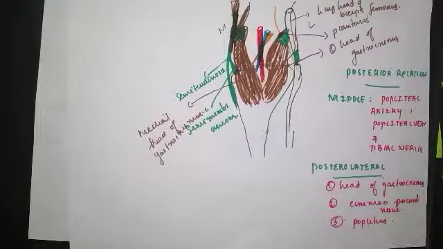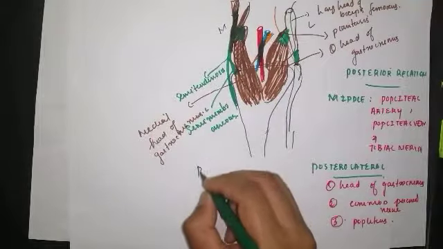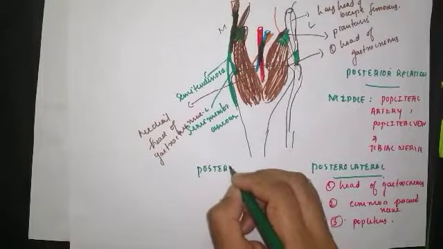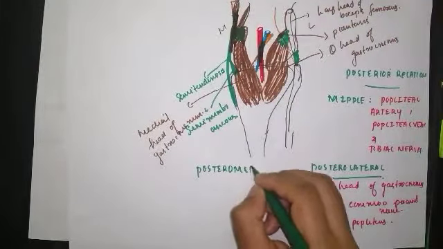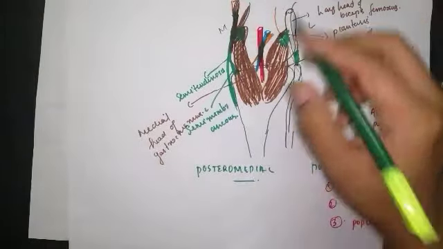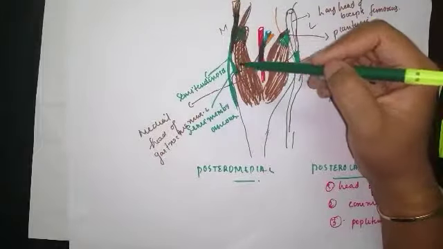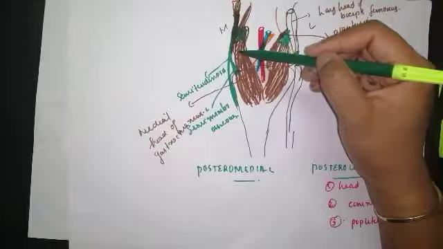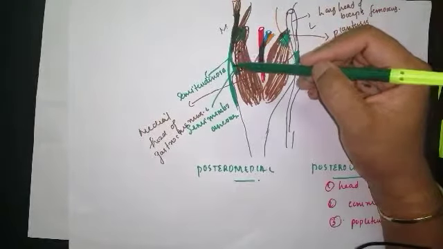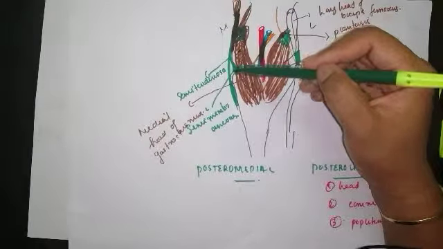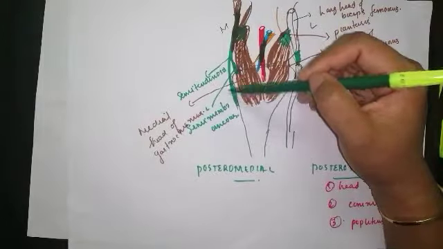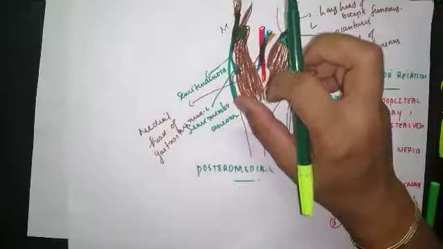And now what is the posteromedial relation? Look at the posteromedial relation. You can see the medial head of gastrocnemius. You can see the tendon of semitendinosus, semimembranosus, and also another muscle is attached here, that is gracilis.